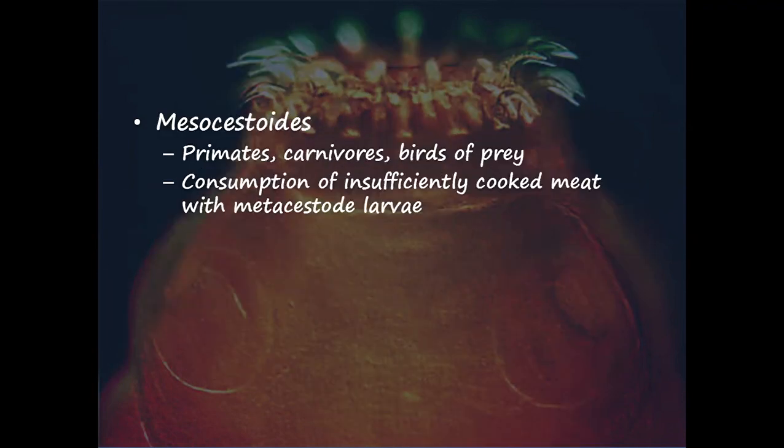So you have Mesocestoides, which is an infection of primates, which probably can include humans, other carnivores, and birds of prey. And this is usually acquired by eating insufficiently cooked meat with the metacestode larvae. So be careful about eating improperly cooked or uncooked meats that you are not sure about its safety.